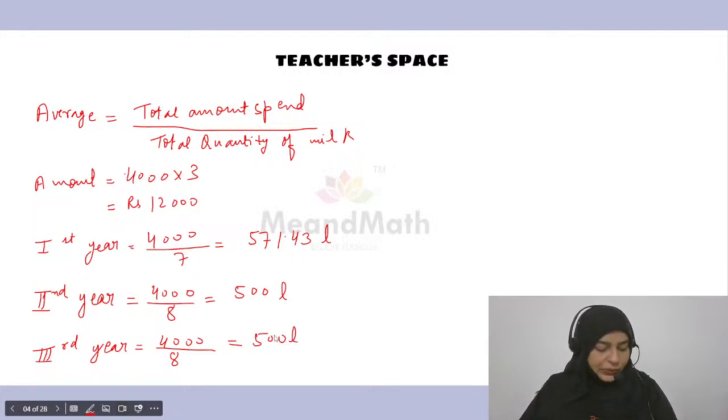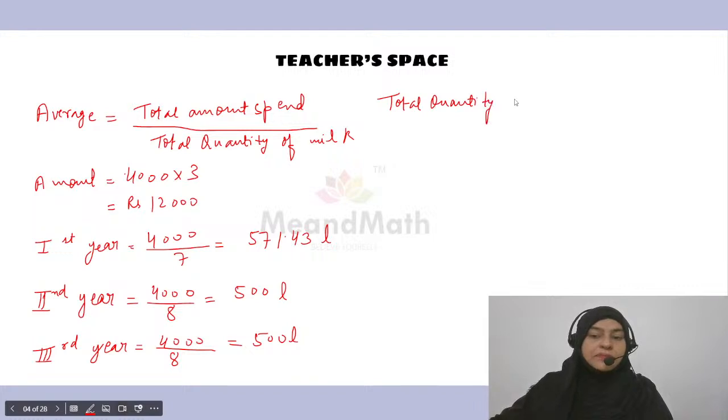Any doubt till now? After that, we need to find the total quantity of milk. So the total quantity of milk will obviously be the addition of all these 3 years: 571.43 plus 500 plus 500.